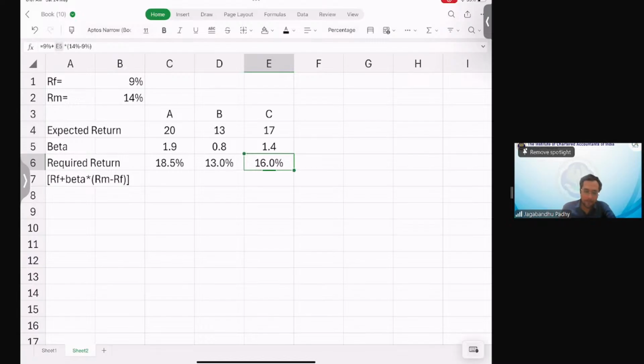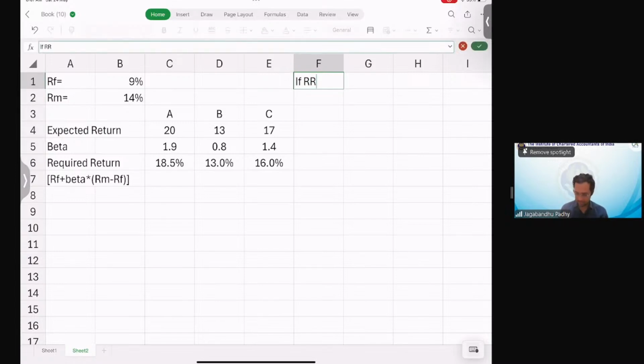Now compare this expected return and required return. Based on that, we can definitely say whether the security is overvalued or undervalued. So the rule is, if the required return is more than the expected return, then what is going to be the status?